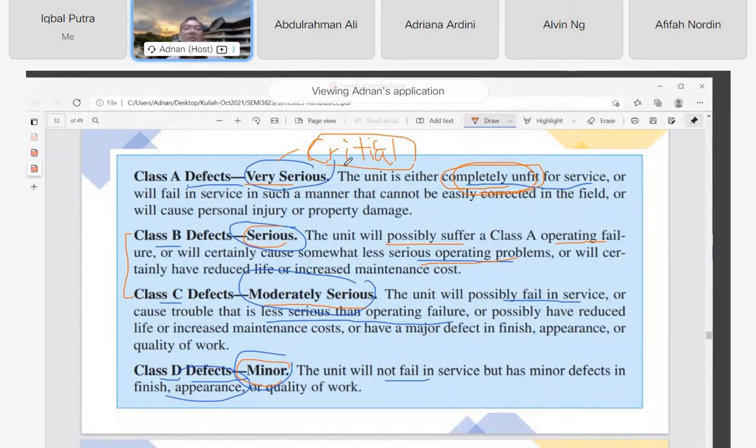Okay, so if you can understand that critical, dia menyebabkan penggunaannya terganggu. Menyebabkan failure, fatal lah. Catastrophic failure, fatal failure. Kemalangan yang serius. Yang lain tu in between, and this is the minor ni adalah yang appearance saja, masih boleh digunakan.